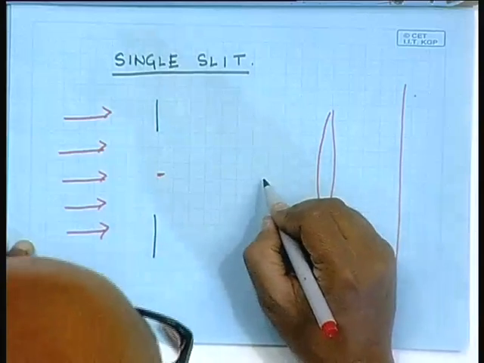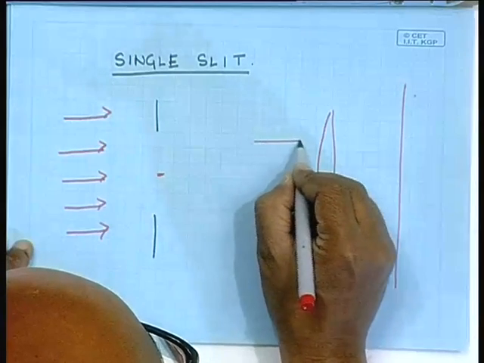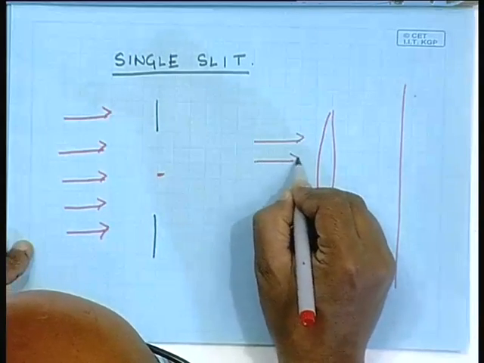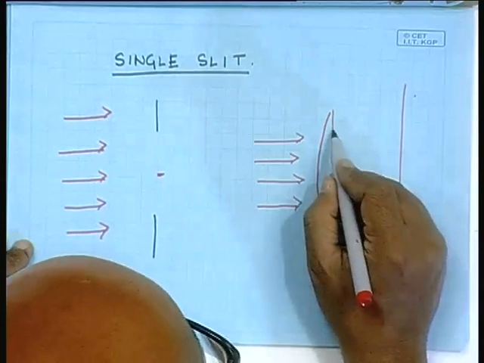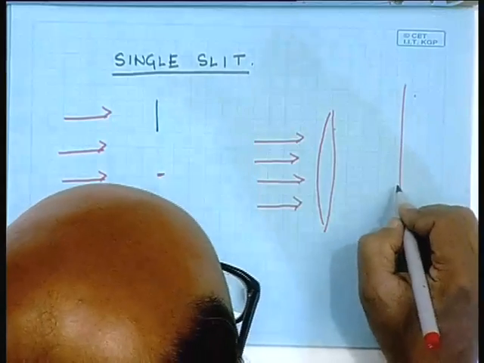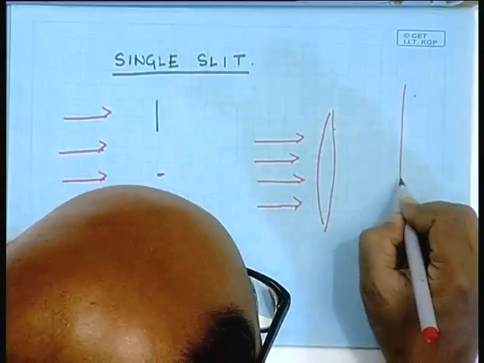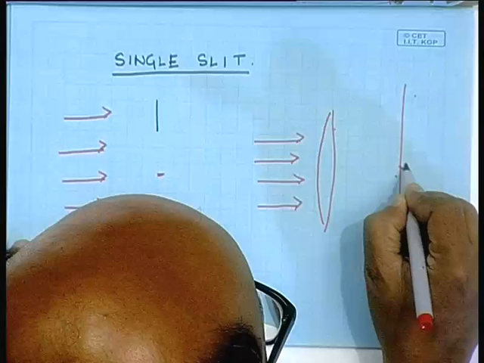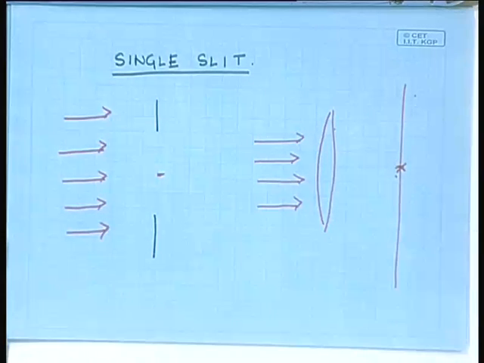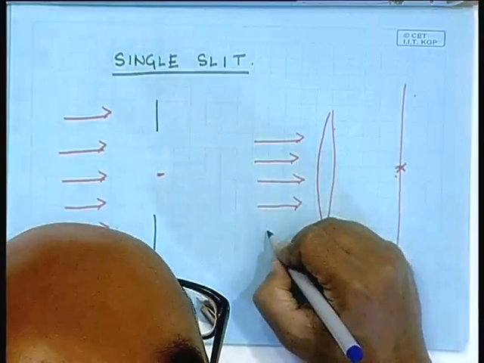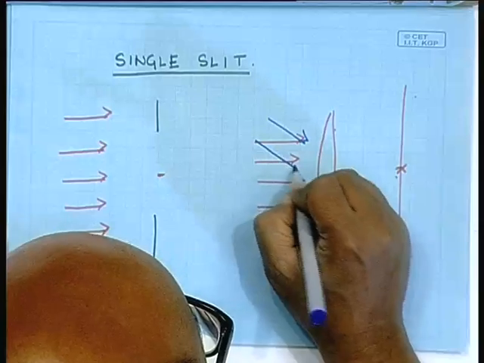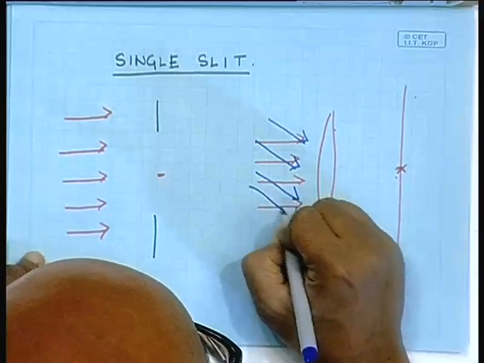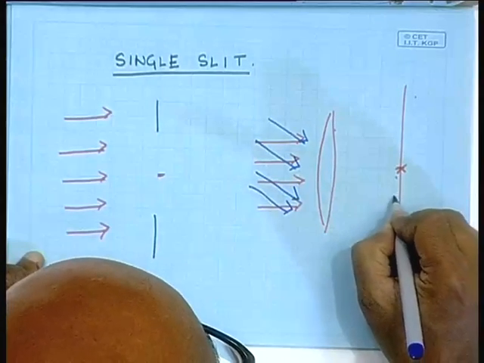So, what the lens does is that it takes all the light which is incident in a particular direction, let us say in this direction, and focuses it to a single point. So, all the waves coming in this direction will get focused to the point on the center of the screen. All the waves in some other direction will be brought to a different point on the focal plane.